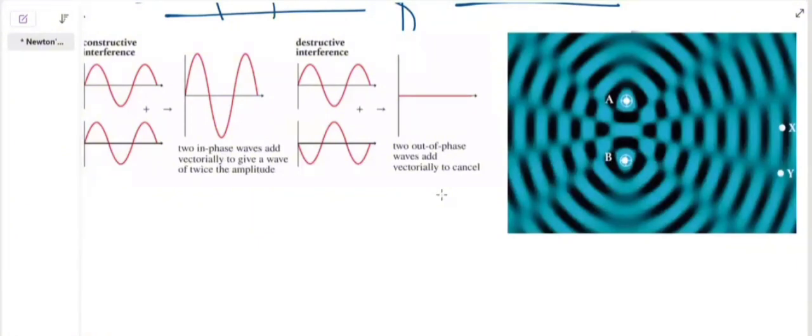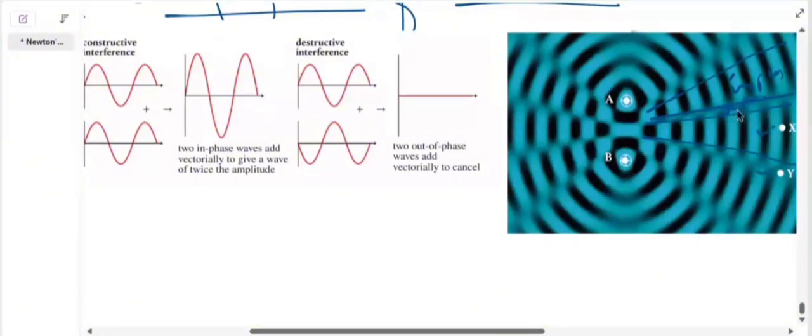Can you see the two points? This is in phase, now here this is out of phase. Again it is in phase here, this is in phase, this is out of phase. So X is in phase, Y is out of phase. Correct?